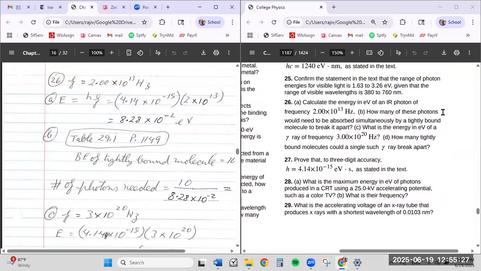How many of these photons would need to be absorbed simultaneously by a tightly bound molecule to break it apart? And then in part C, what is the energy in electron volts of a gamma ray of frequency 3 times 10 raised to 20 hertz? And then how many tightly bound molecules could a single such gamma ray break apart? So we're comparing the effect of infrared photons versus gamma ray photons.